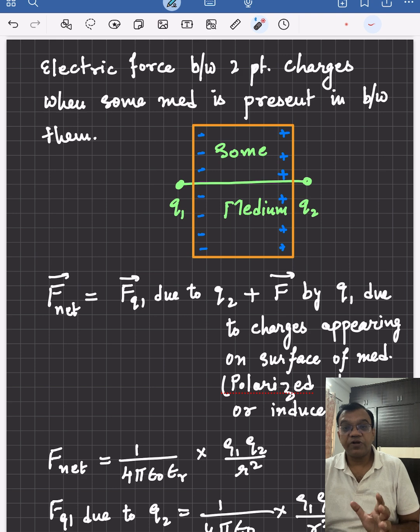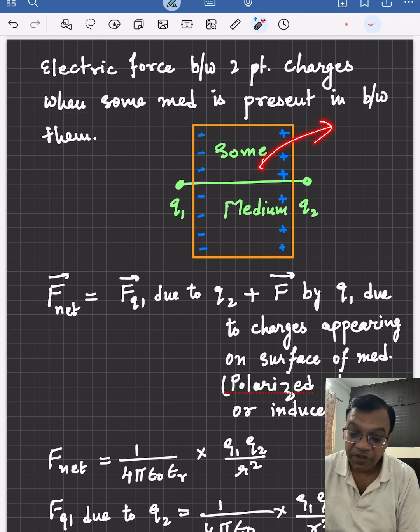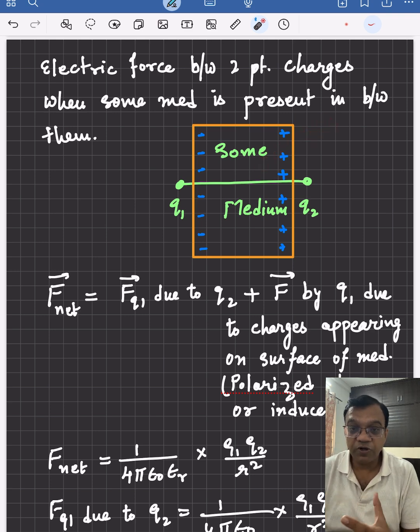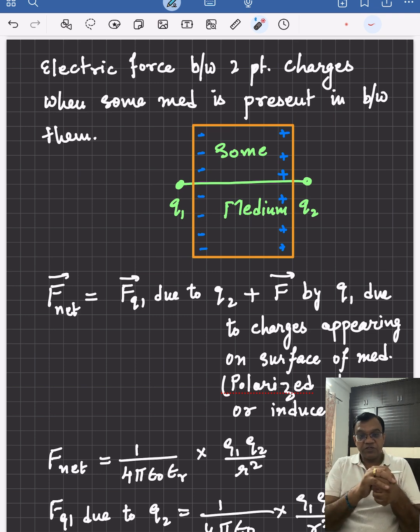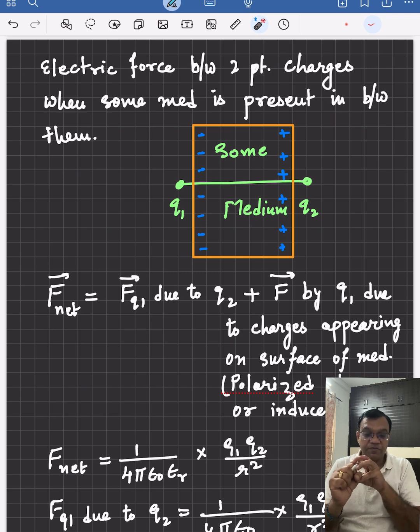This phenomenon is known as polarization. Later on, we'll discuss this particular point in detail in the capacitor chapter. Because of the presence of one charge, some redistribution of charges happens in the medium, and that thing is known as polarization.